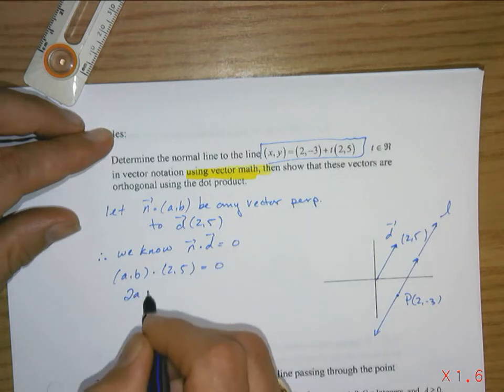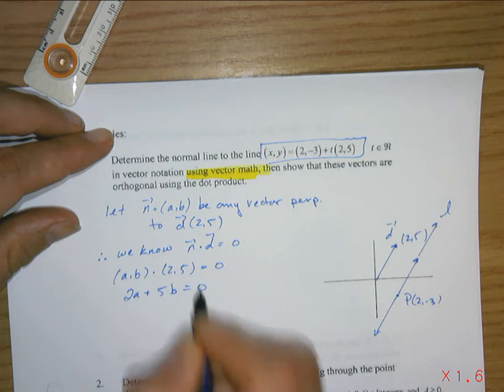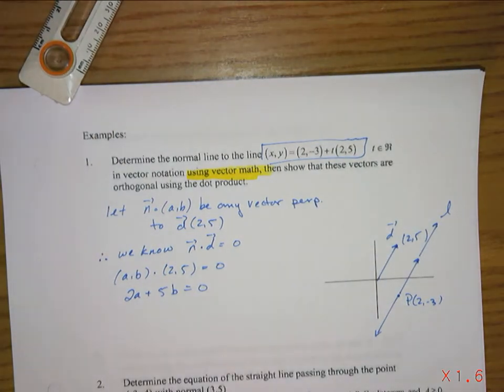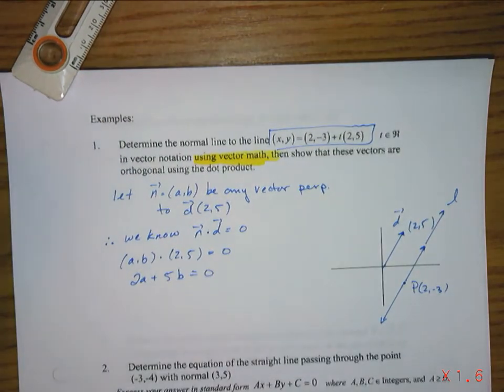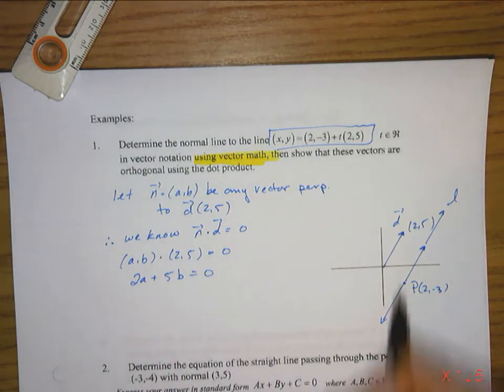So we get an equation that'll equal 0. Now, this is kind of neat. This means that any value of a and b that satisfy this equation will be a normal vector to this line.